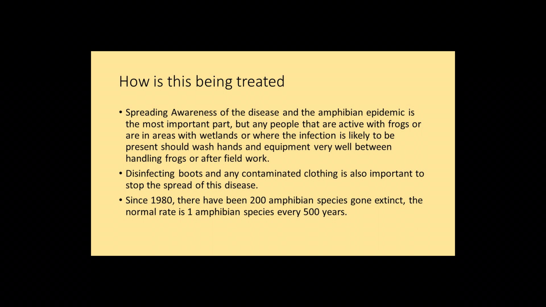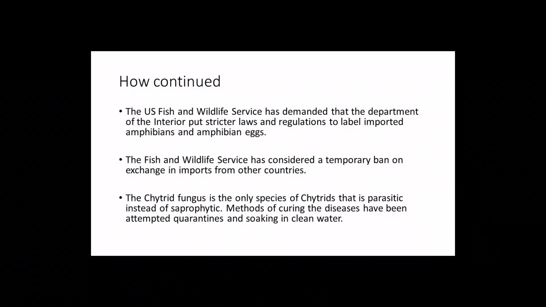And so the chytrid fungus is the only species of chytrids that is parasitic to vertebrates, at least, instead of saprophytic. Methods of curing the disease that have been attempted are quarantines and soaking the frogs in clean water. It has been said that the chytrid fungus is the number two threat to amphibian species extinctions, next to habitat loss, of course.